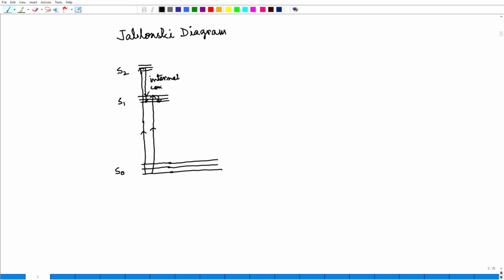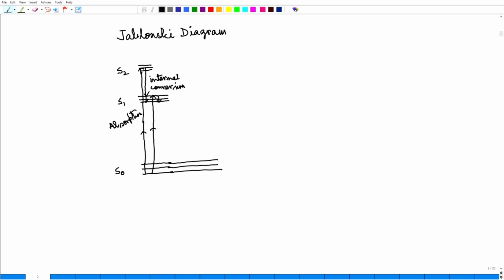And this is absorption, I told you. So, all these molecules upon excitation can populate S1 as well as S2, but eventually through internal conversion they all come to the S1 state at the lowest vibrational level. This particular process is called internal conversion.